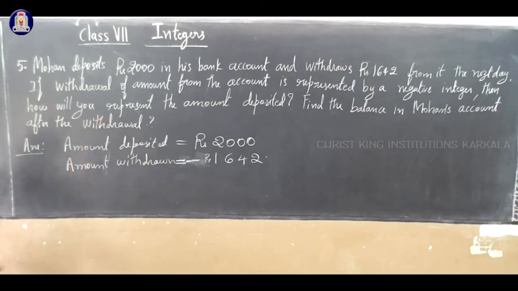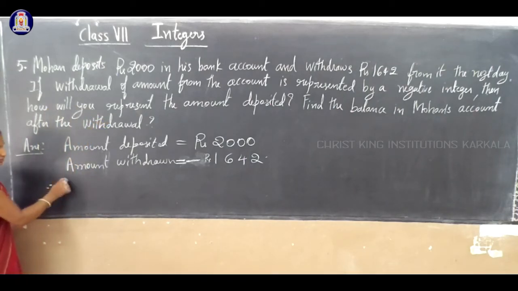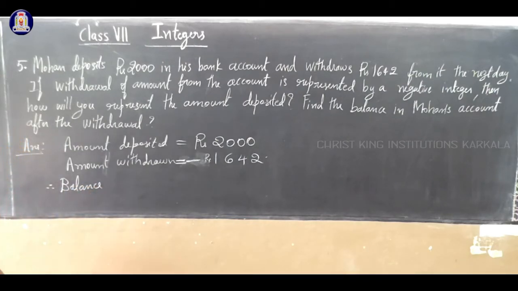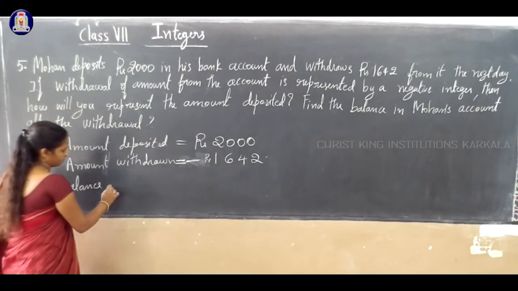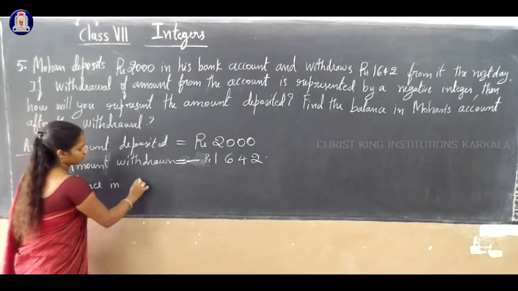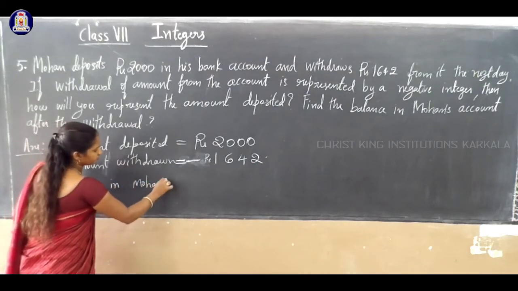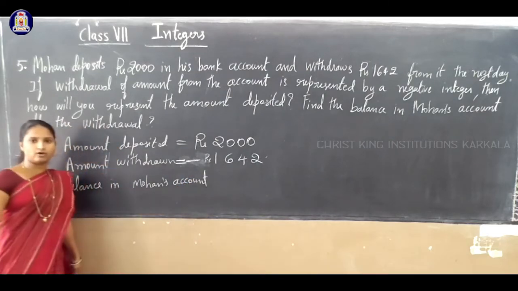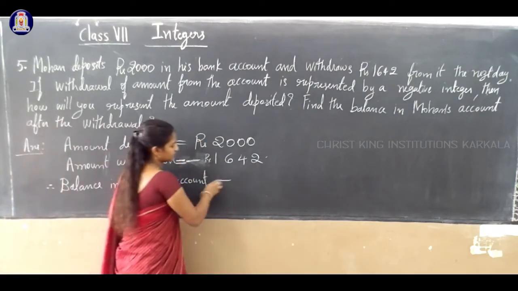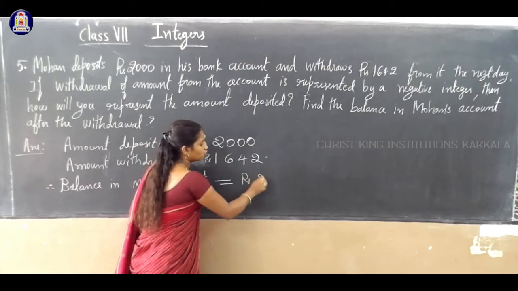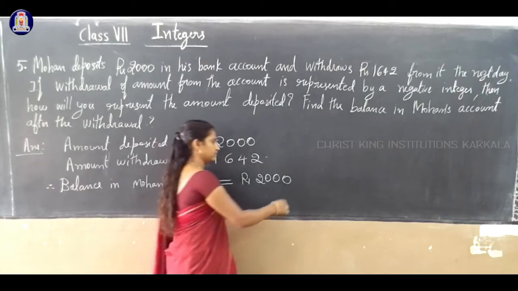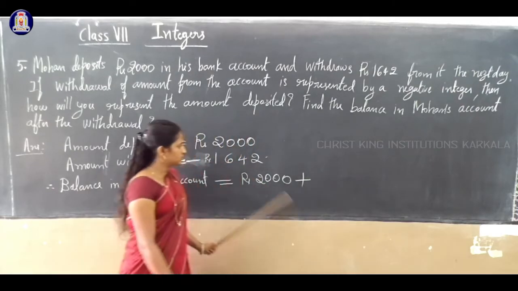Clear? So now, therefore, the balance in Mohan's account. First it was rupees 2000 deposited, plus, how much will you withdraw?